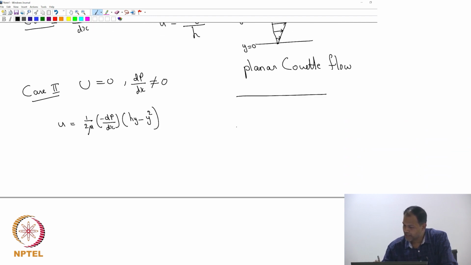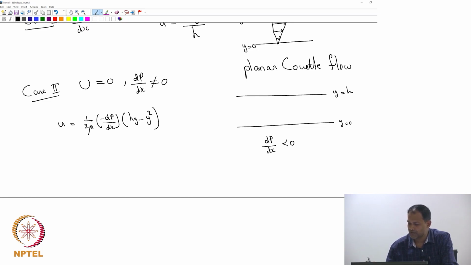So, you have plate, y is equal to 0, y is equal to h, you have applied a pressure gradient dP by dx is less than 0. Okay. So, because pressure will be larger here, smaller pressure there, and fluid is flowing from larger pressure to smaller pressure, and the flow profile is going to look like this.